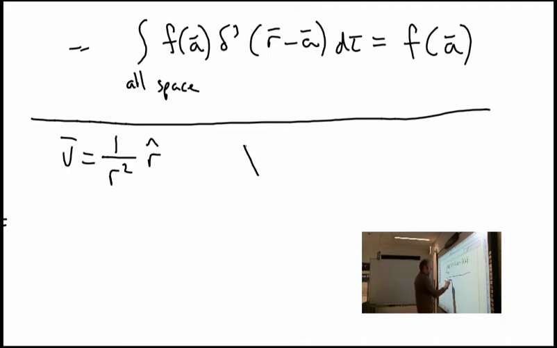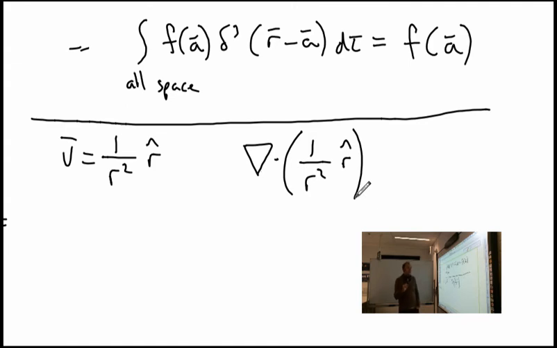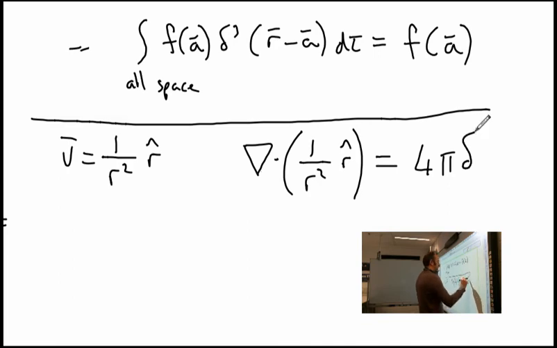Well, essentially what we have is the divergence of 1 over r squared r hat. This is equal to 0 everywhere except for at the origin. Okay? So this tells us that what we have is a delta function. So this should be equal to 4 pi times the delta function of r.